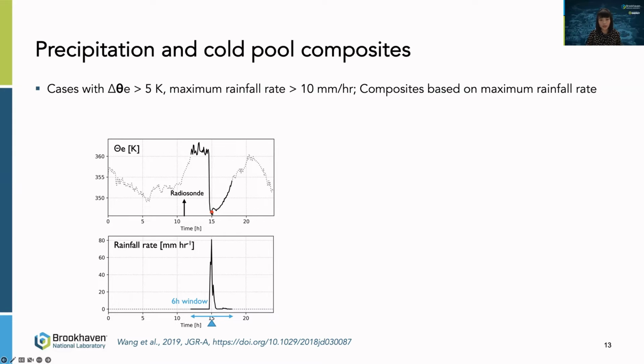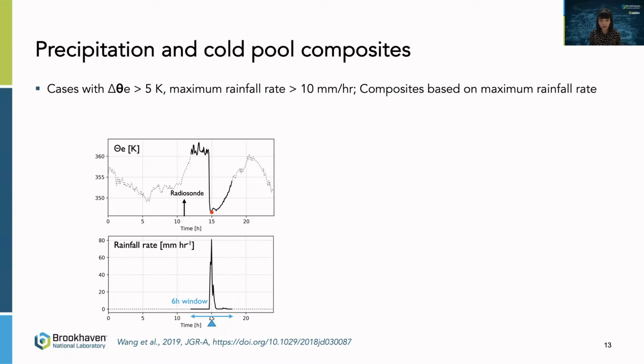For this particular case, 15 UTC is the timing of the convective line passage, and you have a dramatic drop in surface theta E, which signifies a very strong cold pool. At the same time, the precipitation rate exceeds 80 millimeters per hour for this case.